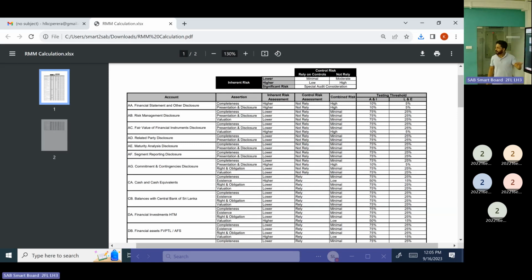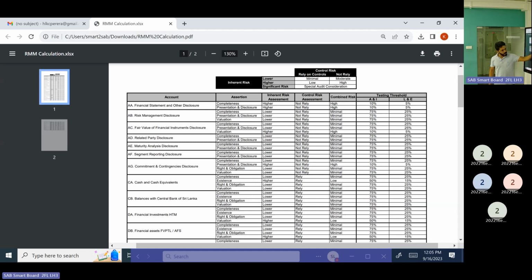So in the financial statement, we have two elements as we discussed, right? Disclosures plus account balances. What are the disclosures? Risk management disclosure, then related party disclosure, gratuity disclosure, segmental disclosure.